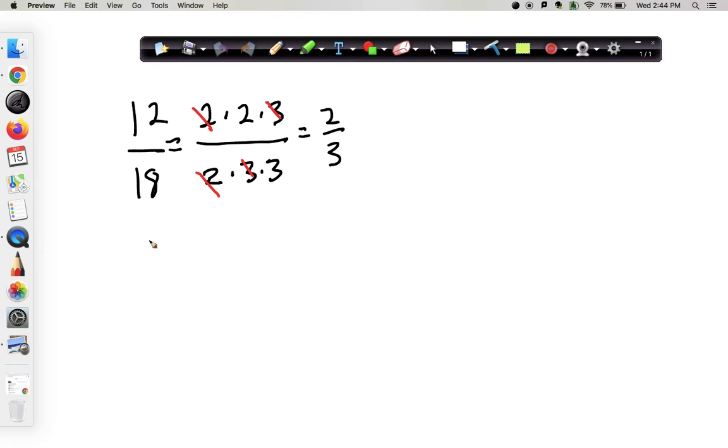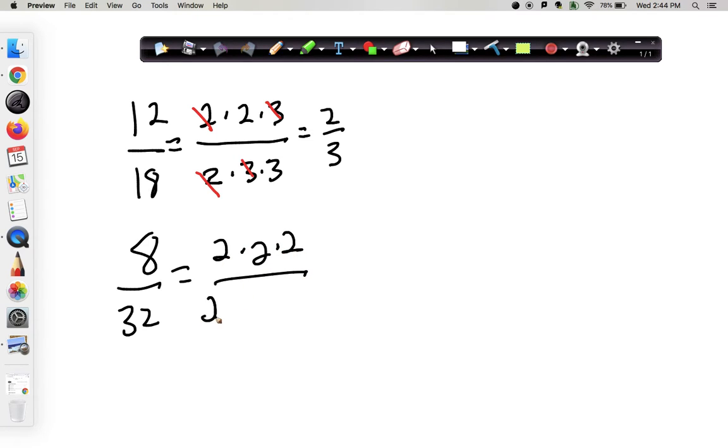Sometimes when we use this method, we end up like this. 8 is 2 times 2 times 2 times 2. 32 is 2 times 2 times 2 times 2 times 2. And let's see.